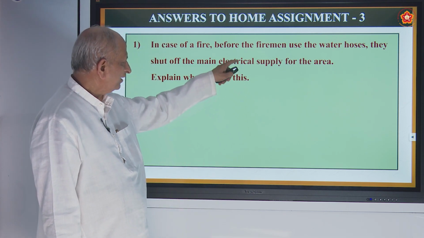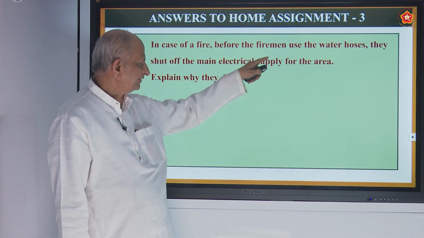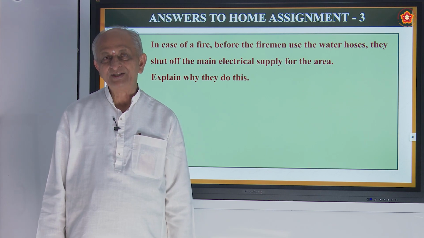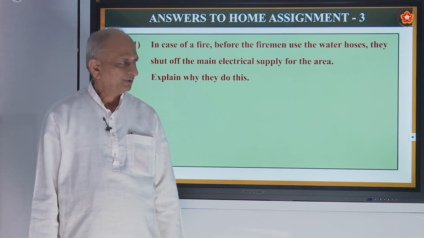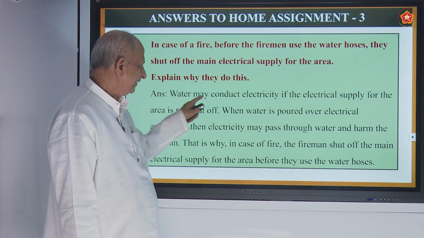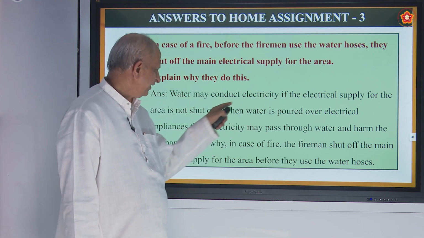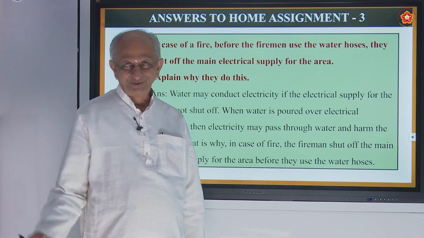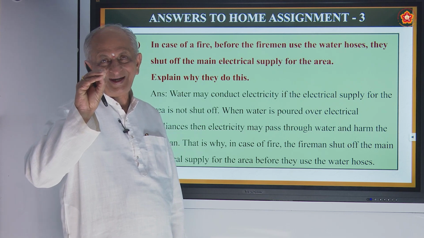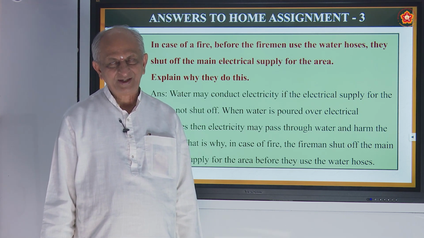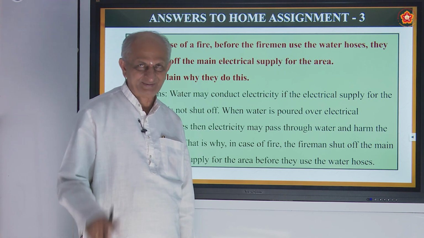So before supplying water to the place, electrical supply is to be cut off. Means main switch should be shut off. Why are they asking? Because water may conduct electricity if the electrical supply for the area is not shut off. So water also is a mild conductor, it allows mild passage of electricity, if not fully.